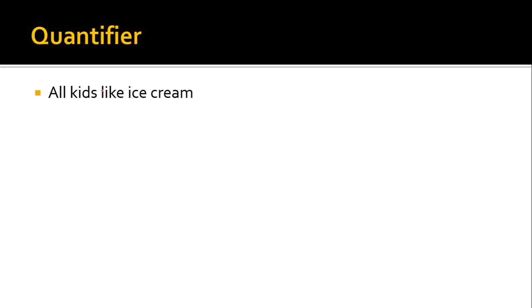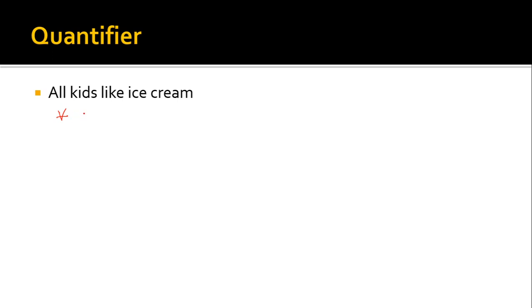Now let us try to see what kind of predicates we can think of. We are saying that we will be using the universal quantifier, right? Now I am presenting it like this. If something is a kid and something else is an ice cream, then the first thing will like the second thing, right?